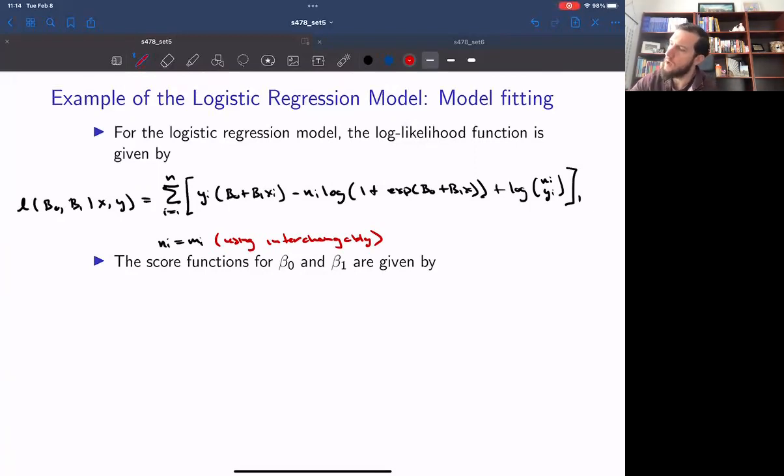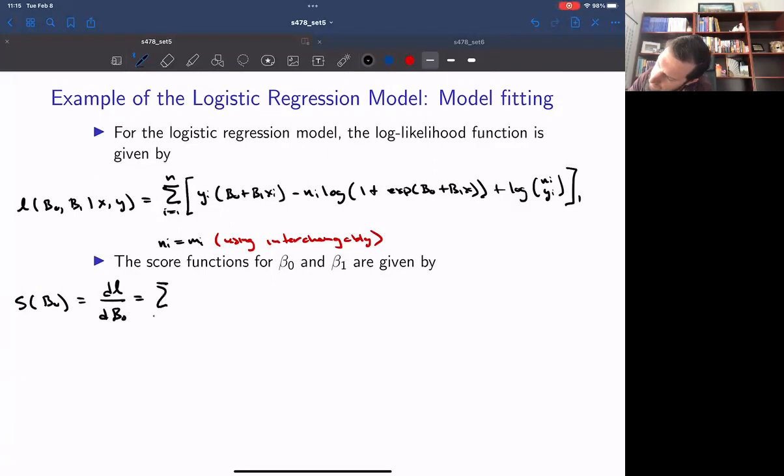All right, so our goal is to optimize this likelihood function or log likelihood function in terms of beta 0 and beta 1. So we're going to do this by finding the score functions for each. Okay, so we can say S beta 0 is going to be dL by d beta 0.